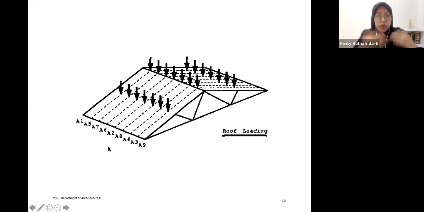It will be heavier than if you try to grab water with your hand. That's why accumulation is something that must be avoided on a roof, because accumulation can damage the roof itself and can make the building collapse.